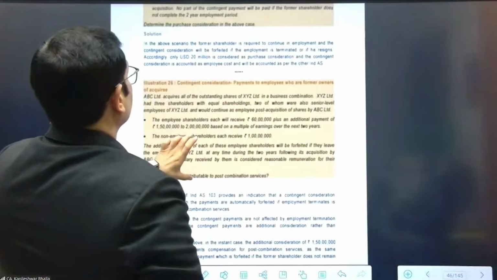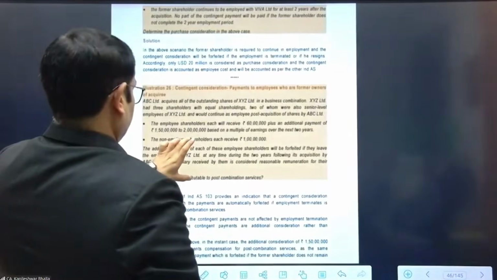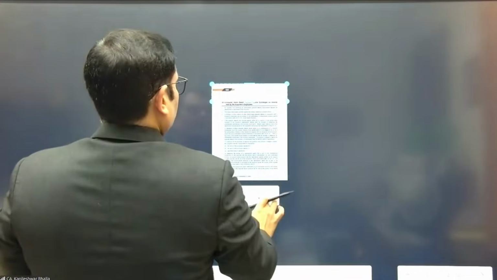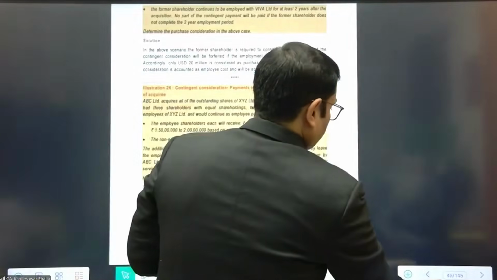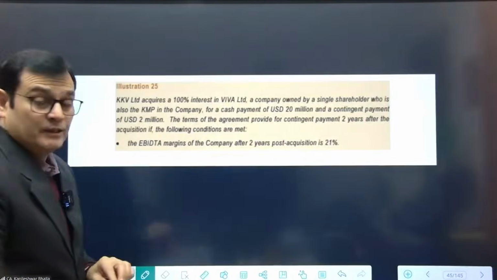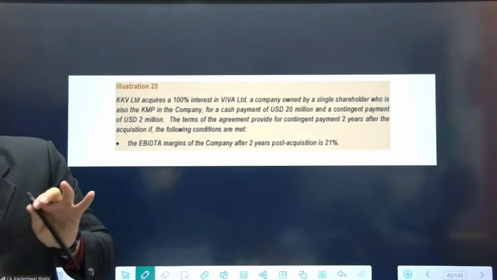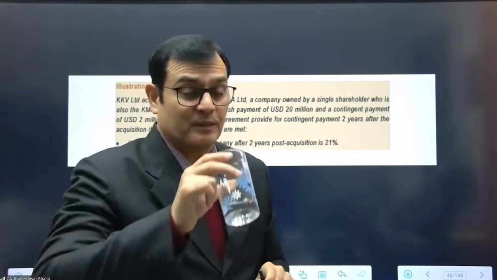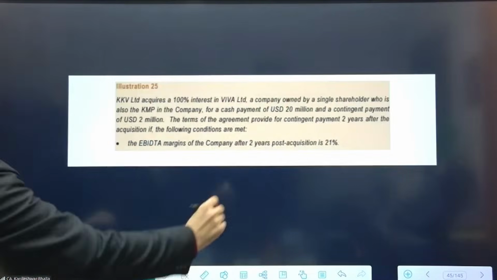So illustration number 25 and 26, and there is just a last liner out here. I'll just expand this. Okay, let's come to illustration number 25 to begin with. Let's see the insights. Whatever learnings are there, we'll apply this particular concept out here.